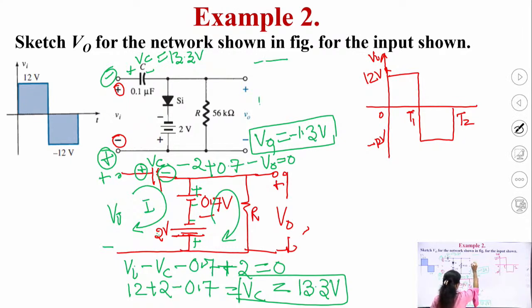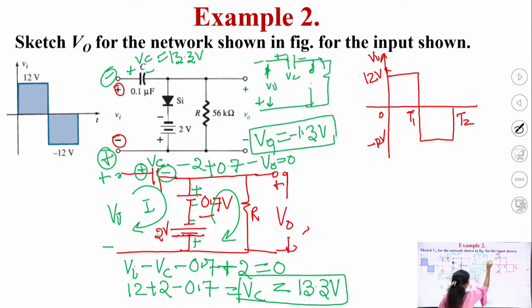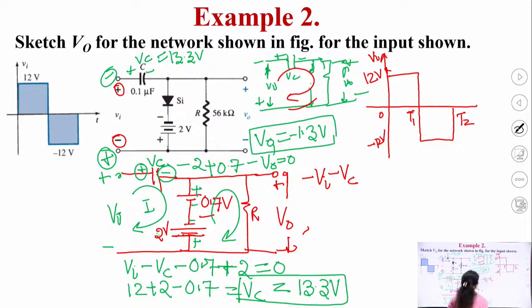It is minus plus Vi, plus minus Vc. The diode will be open circuit, and here you are having V naught plus and minus. So, now again write down the KVL for this loop. Minus Vi minus Vc minus V naught is equal to 0.